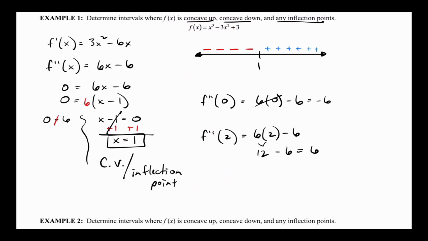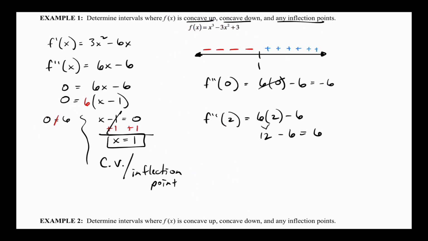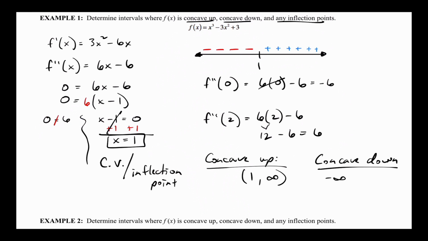Okay, so we're going to say concave up from 1 to positive infinity, concave down from negative infinity to positive 1, and then inflection point at 1 comma, how do I get the y value that goes with 1?